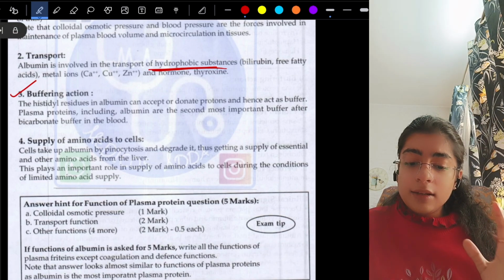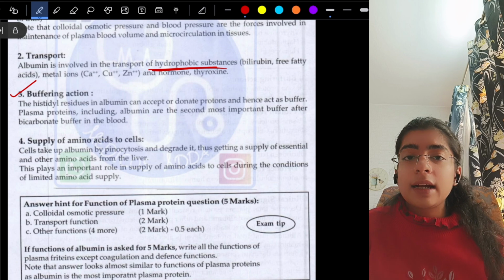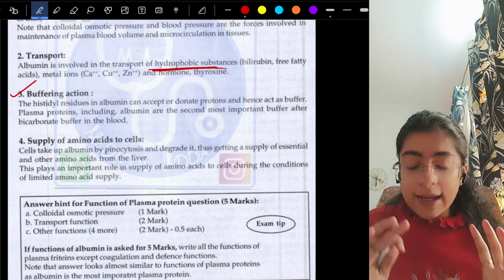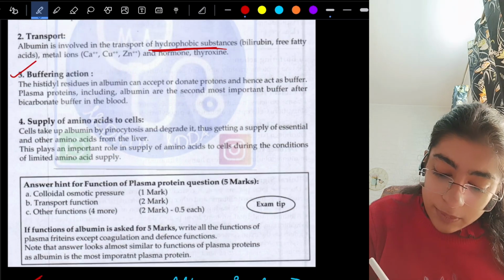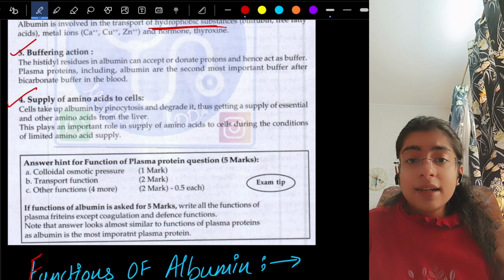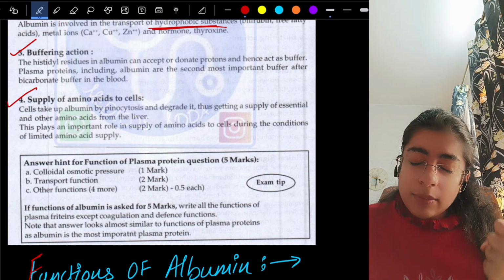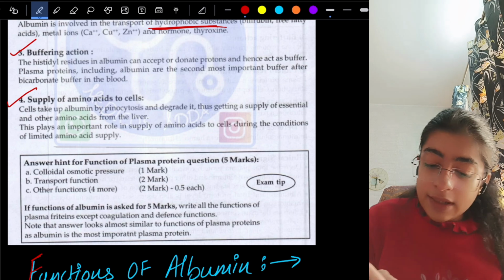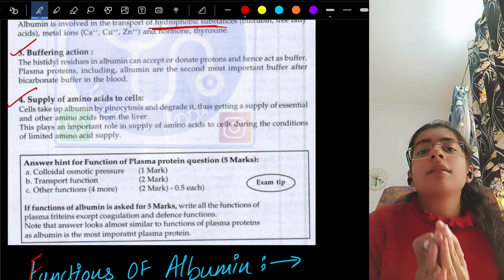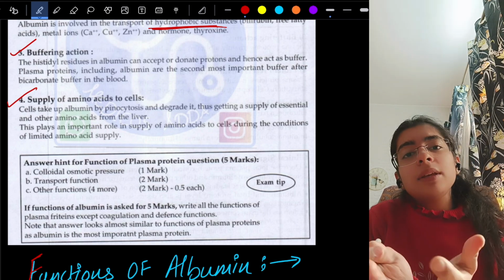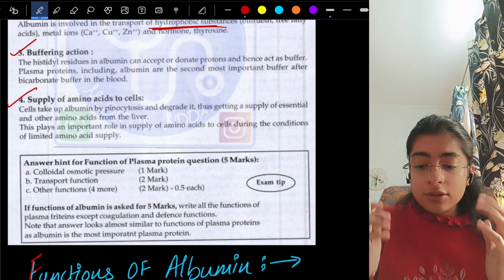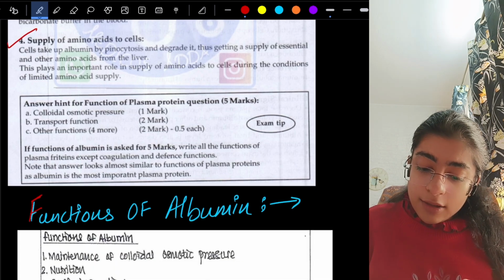We know it can accept or donate protons and can regulate the pH as well. Supply of amino acids to the cell. It is itself made of 585 amino acids, so it can go to the cell and offer itself, like, take me and have some amino acids, so that will also be of help.